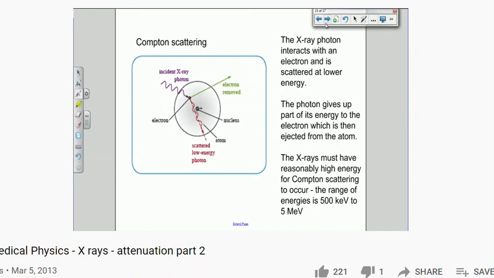The second way is what we call Compton scattering, which is almost the same as the photoelectric effect, but in this case the X-ray photon interacts with an electron, but not all of the energy is used up. So the electron is still removed, the atom is still ionized, but there's a little bit left over, and that little bit left over is re-emitted as a lower energy photon.